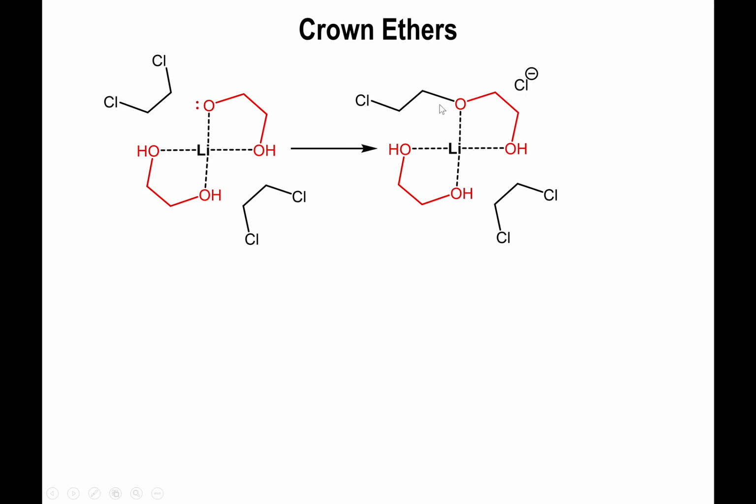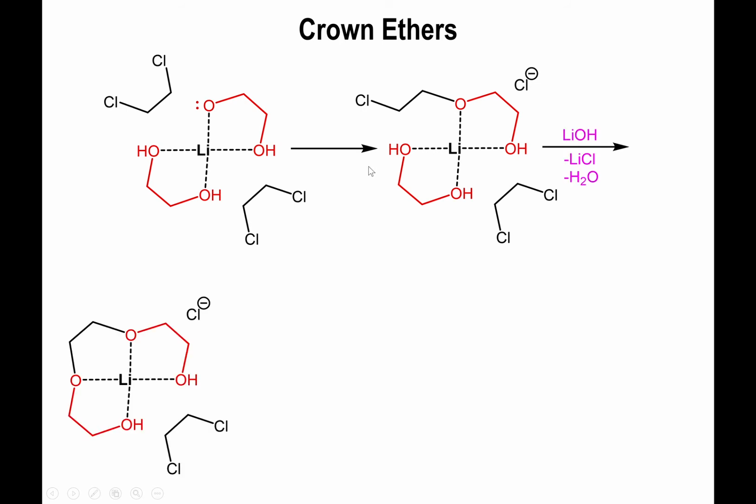And now what happens is that you start creating this backbone, right? So bring in your lithium hydroxide, now you can deprotonate another oxygen right here, and that creates a new alkoxide that attacks the other end of that dichloroethane molecule that we had to start with.